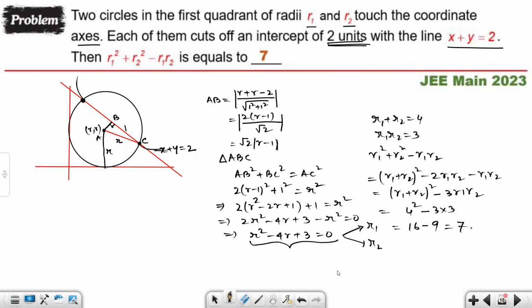But have you understood this problem? The most important part of this problem is that whenever you find that symmetry is there, you don't consider all the figures. No, you only consider one figure, not only in circles, but throughout the whole conic section. If you find that symmetry is there, you always take one figure and solve the problem.